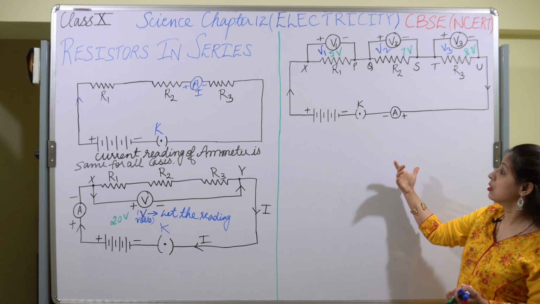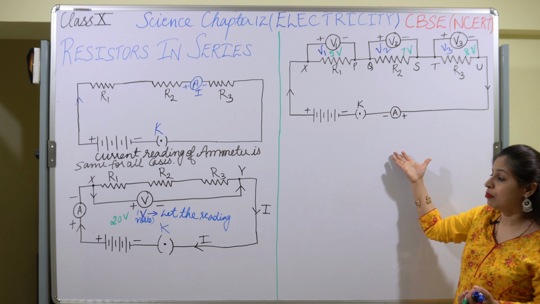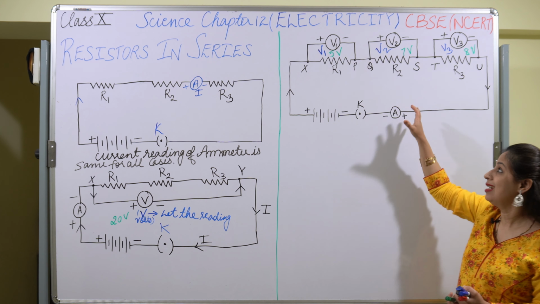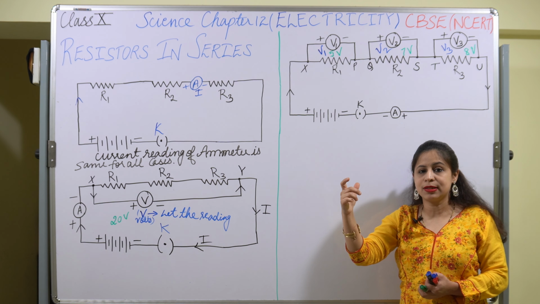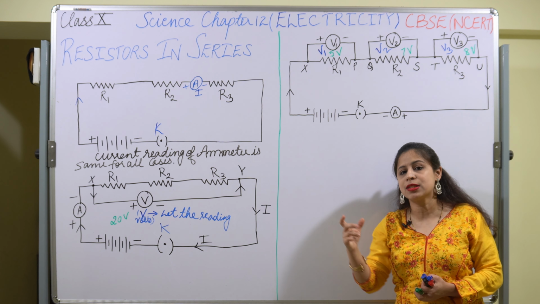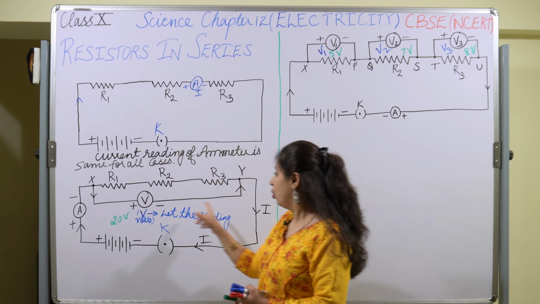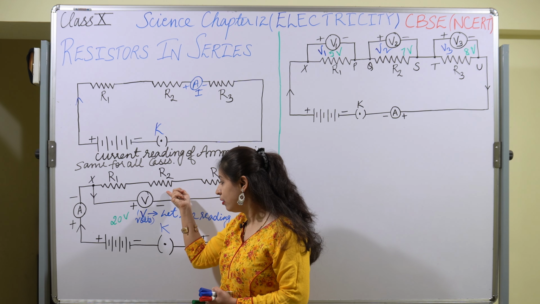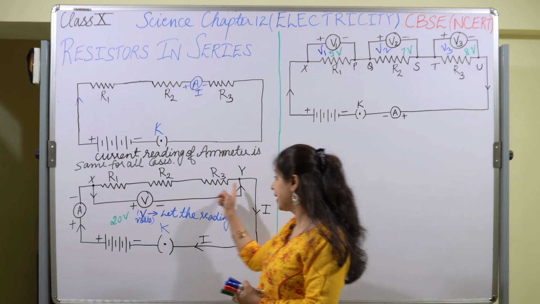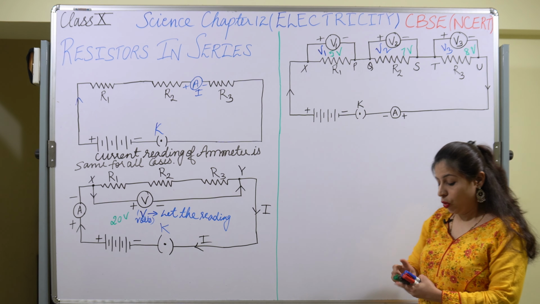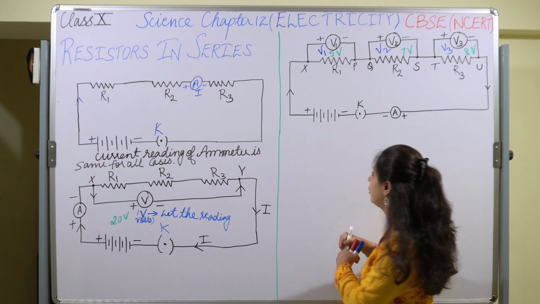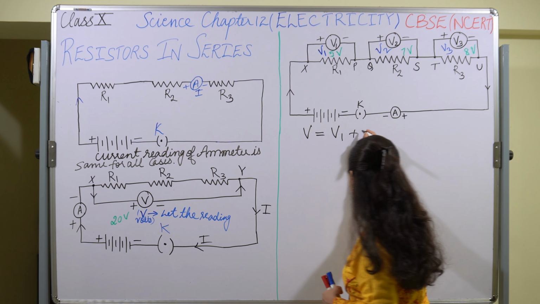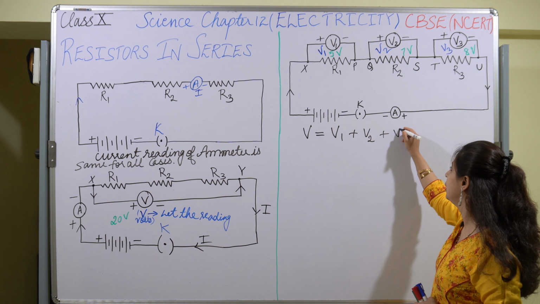is that the sum V1 plus V2 plus V3, the sum of all the voltages taken across individual resistors, is equal to the reading taken across the points X and Y. That means V is equal to V1 plus V2 plus V3.